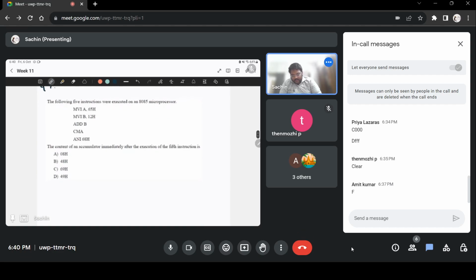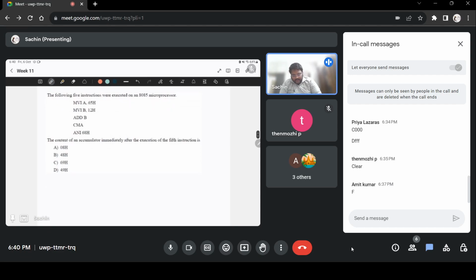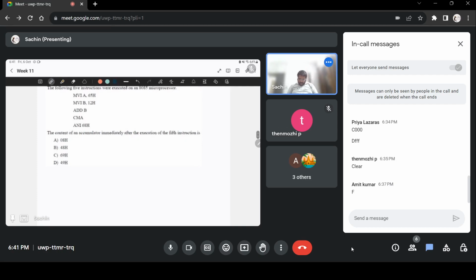Question 7. The following 5 instructions were executed on an 8085 microprocessor. The content of the accumulator immediately after the execution of the fifth instruction is... Since they're asking us what happens after the fifth instruction, we have to write out what each instruction does. Let's see. MVI A, 65H.